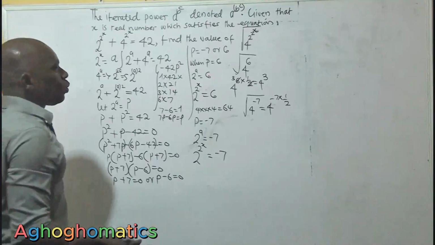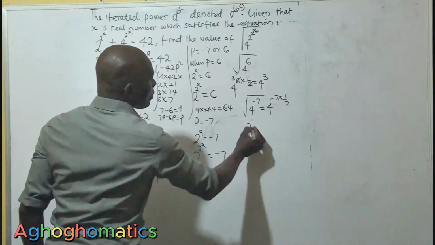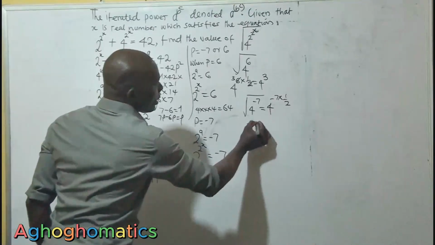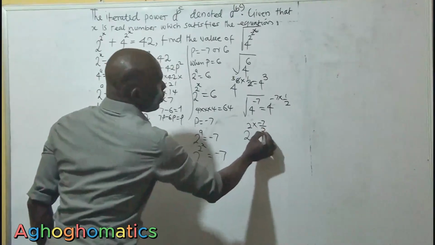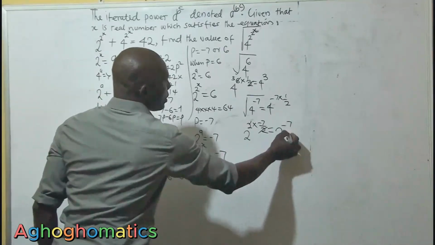So what we need to do here is, 4 here, we can also say 4 is 2 raised power 2 times minus 7 over 2. 2 cancels 2 here, and what we are left with is 2 raised power minus 7.